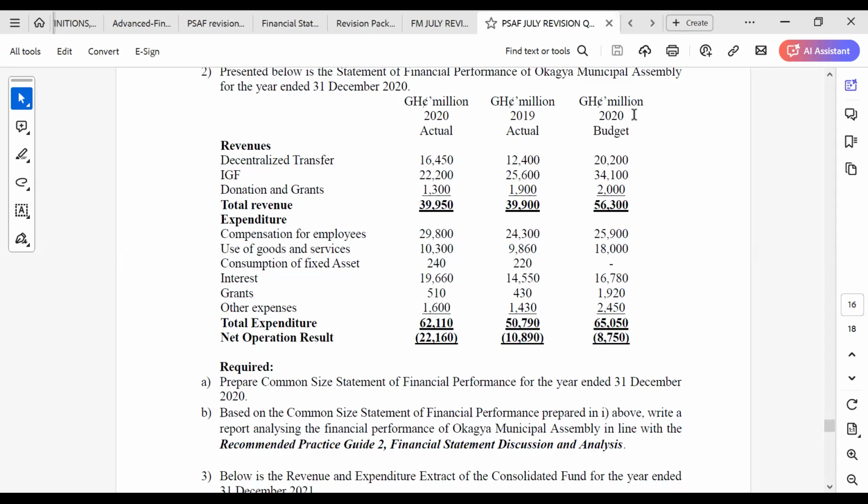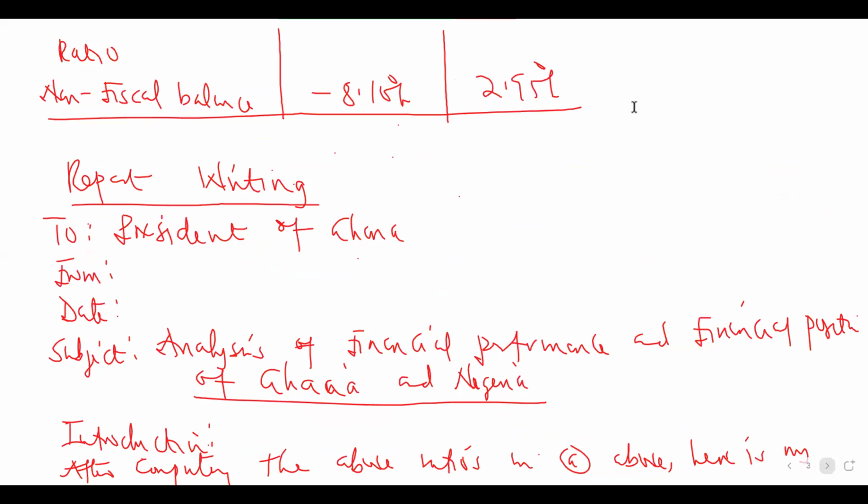So let's come to the common size. You are not going to be showing how you calculate the items there. What you do is that you come to 2020, the actual, then 2019, the actual, then 2020, the budget.